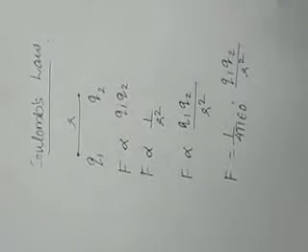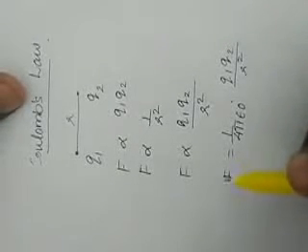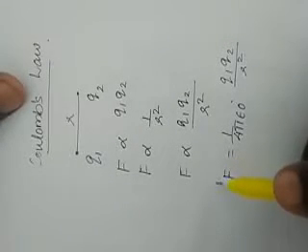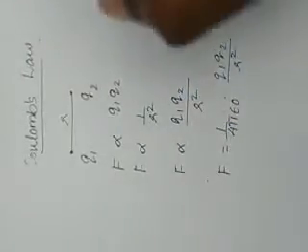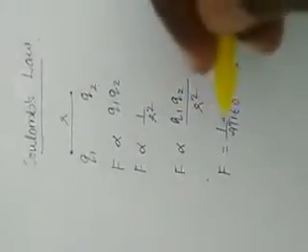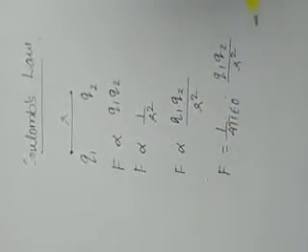So this is the equation to find the force of interaction between any two charged particles. This equation can be used to find the magnitude of force between two charges. Force is a vector quantity; it has a direction.